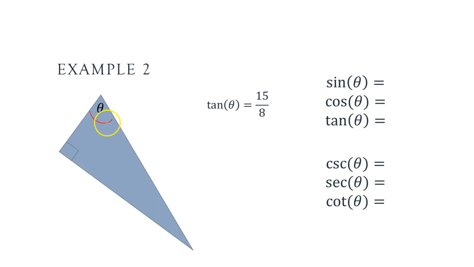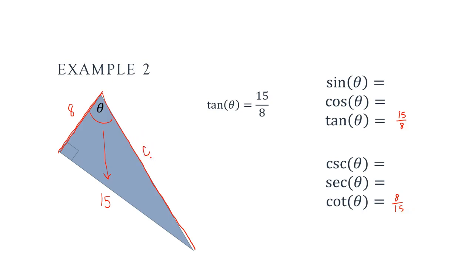And so if that's theta, then because I know tangent, I know that the opposite side should be 15. And the adjacent side, the one that forms that angle but isn't the hypotenuse, is going to be 8. And what I notice is that I can now fill in tangent and cotangent, but I can't get the rest of them unless I know the hypotenuse.